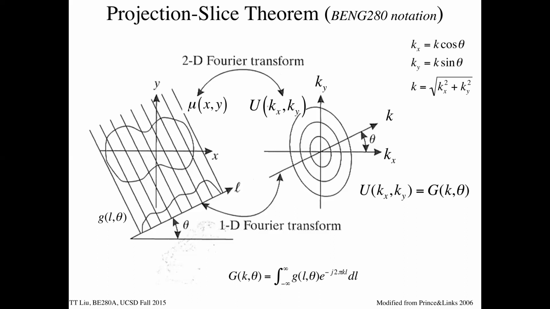So if kx is spatial frequencies, like cycles per millimeter, then what is k by itself? k is the magnitude of the cycles per millimeter, and theta tells you the direction of the plane wave, right? So if theta is 0, then the plane wave is purely along the X direction. If theta is 90, then the plane wave is purely along the Y direction, and then you rotate with theta. Anyway.